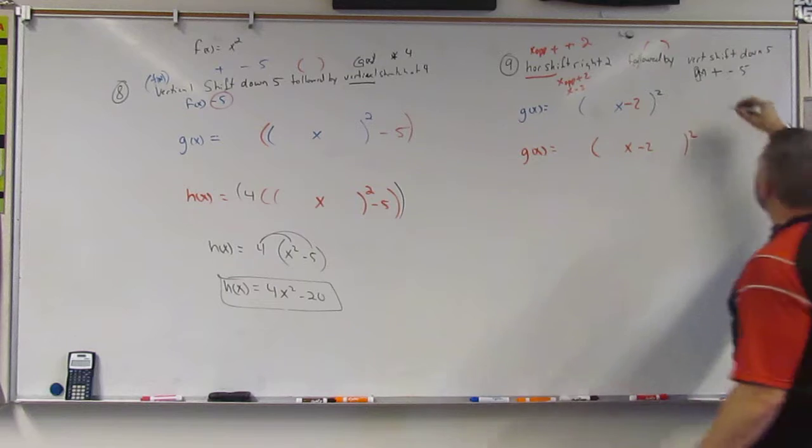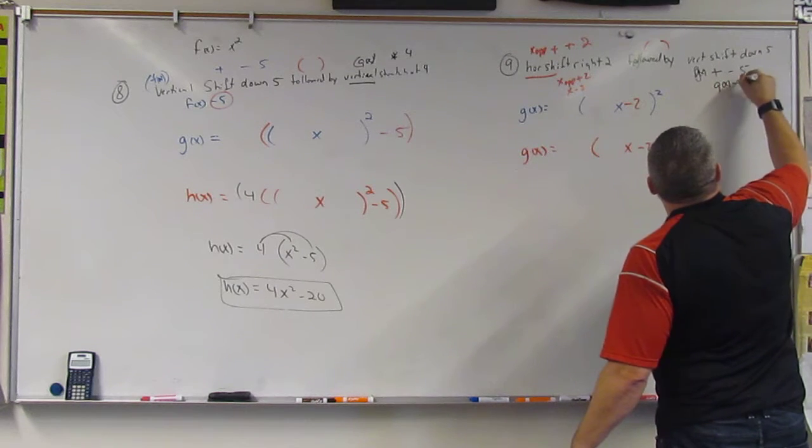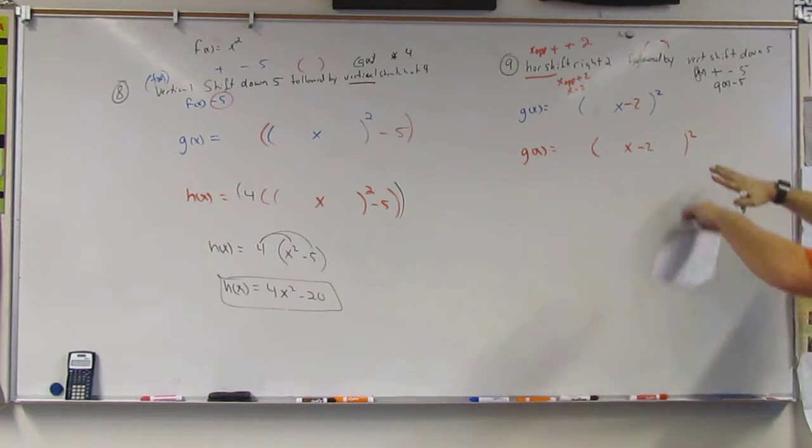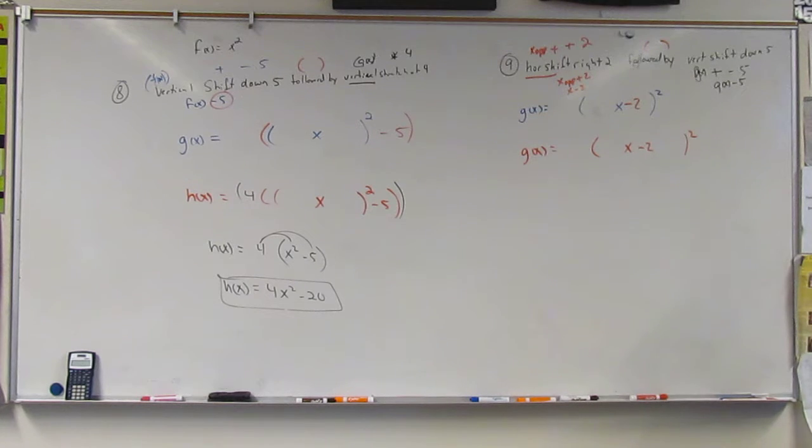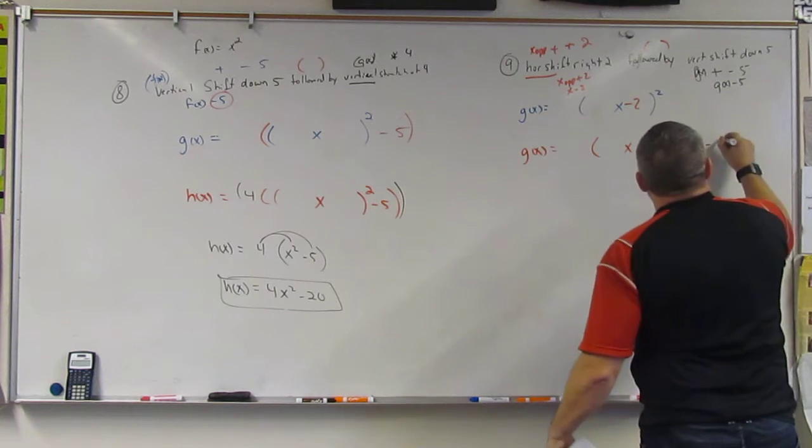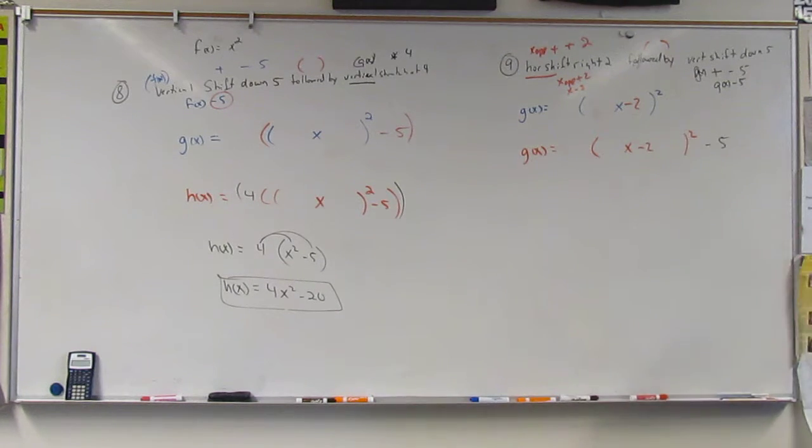A minus. Good. So it's g of x minus 5. So it means this whole function, the whole function minus 5. And if we think about that, what form is it in right now? What form is this?